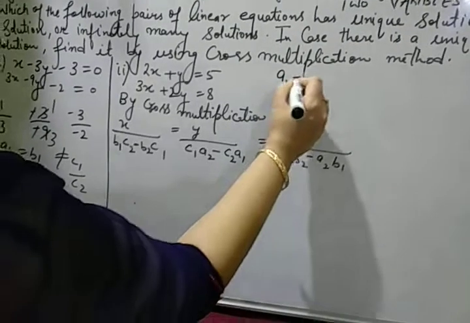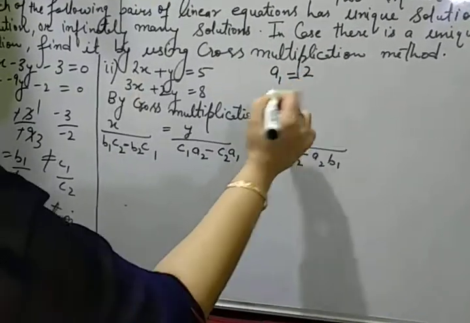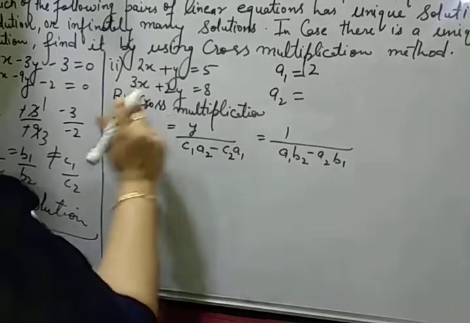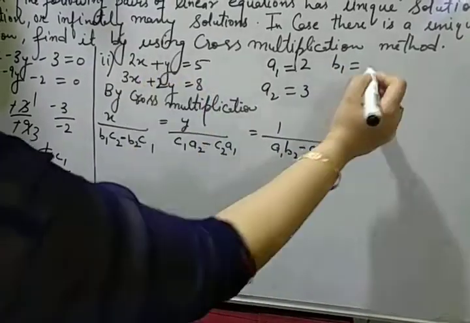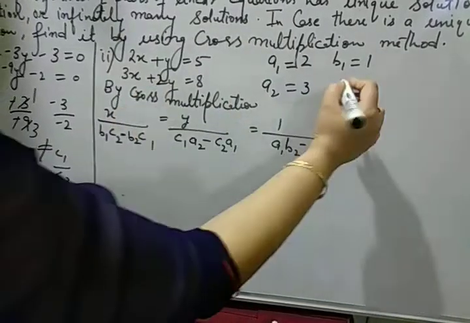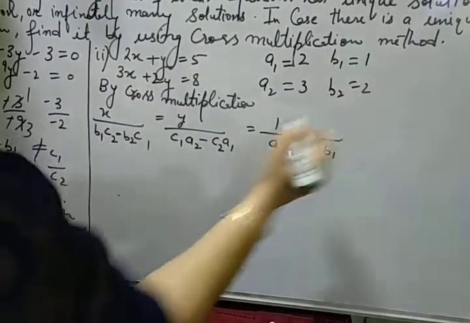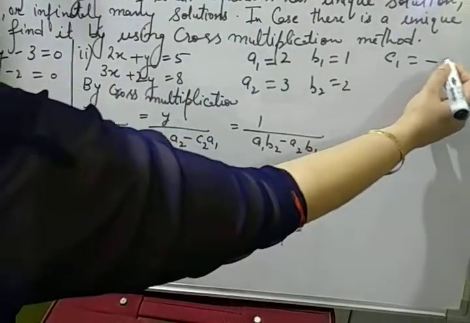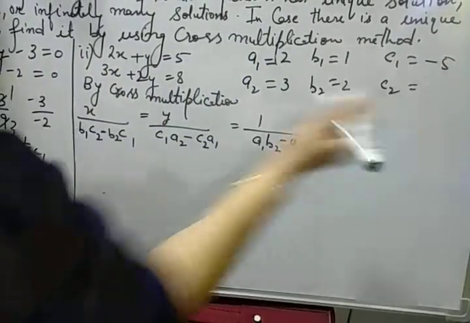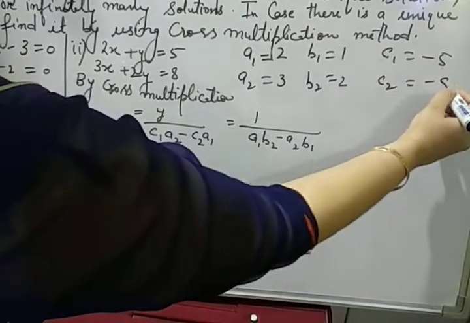Here a1 is equal to 2, a2 is equal to 3, b1 is equal to 1 and b2 is equal to 2, c1 is equal to minus 5, when we shift it here, and c2 is equal to minus 8.